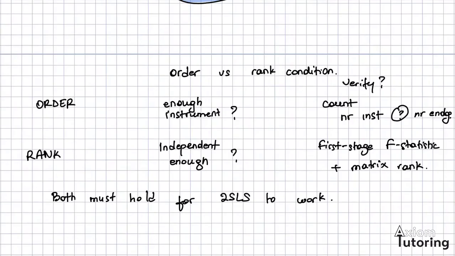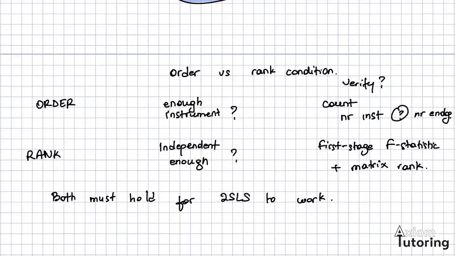For checking the rank condition, as I said, you need to check that the first stage F statistic is above 10. Some papers also report what is called the Cragg-Donald statistic or the Kleibergen-Paap statistic. These are more formal tests of the rank condition in multiple endogenous variable cases.